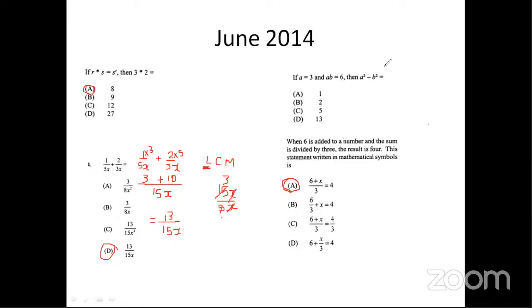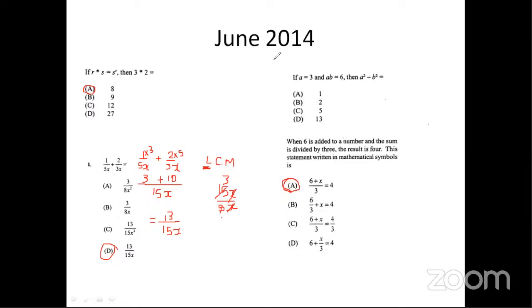All right, so I want someone to show me how you got to your answer. Let me just read through the question. It says if A is equal to 3 and A times B is 6, then A squared minus B squared is equal to.